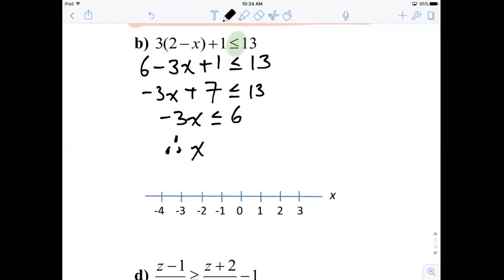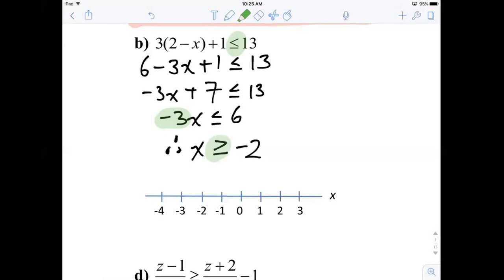But remember, when I divide both sides or multiply both sides by a negative number, it switches the sign of my inequality. So now I must say that x is greater than or equal to, and when I take 6 and I divide it by negative 3, I get negative 2. So because I was dividing by negative 3 on both sides, it flipped my inequality sign the other way.